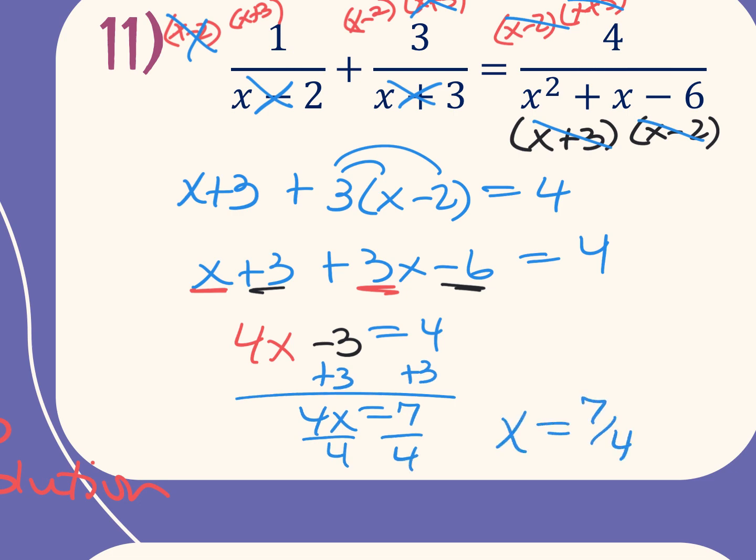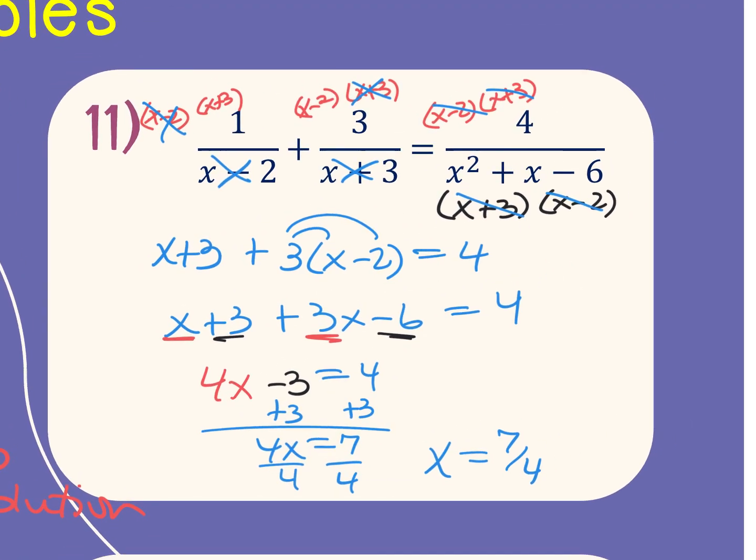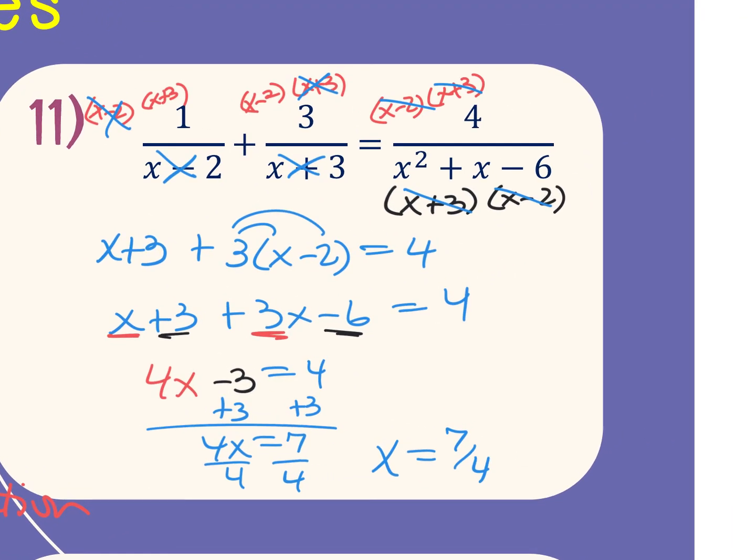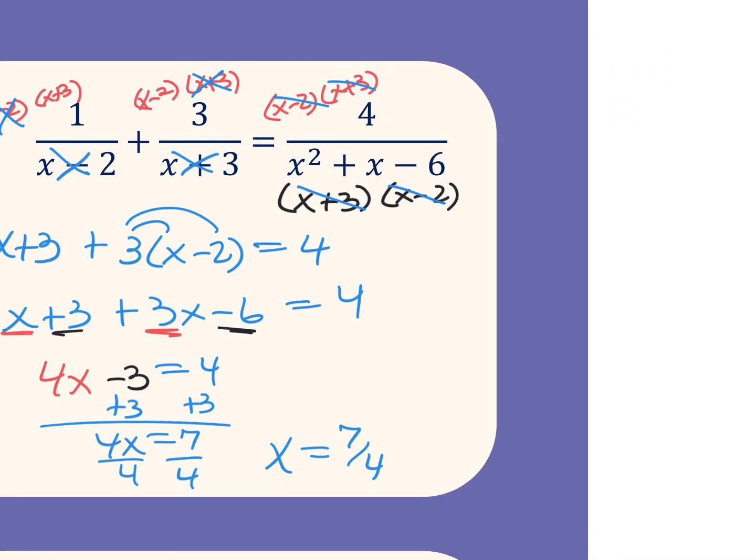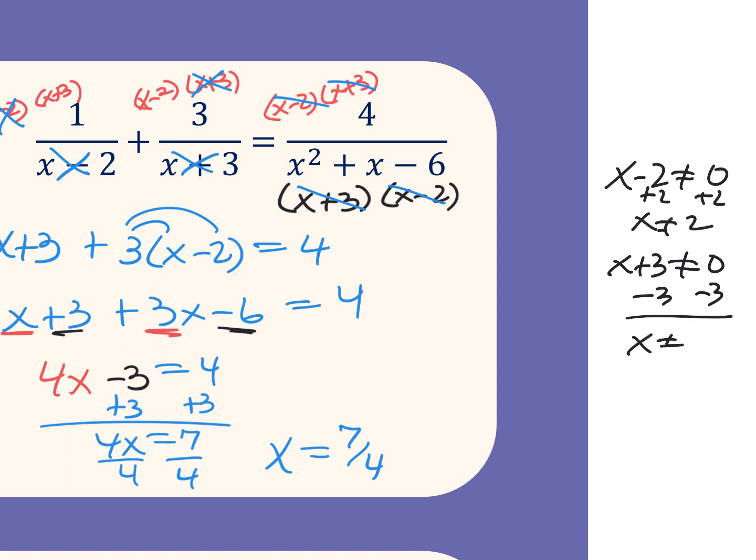Now, if you look, the only thing that's going to make my denominator a 0, if you wanted to take these things and say, well, I'm just going to take x minus 2, set it not equal to 0, and x plus 3 not equal to 0. When I solve this, x can't be 2, and x can't be negative 3.